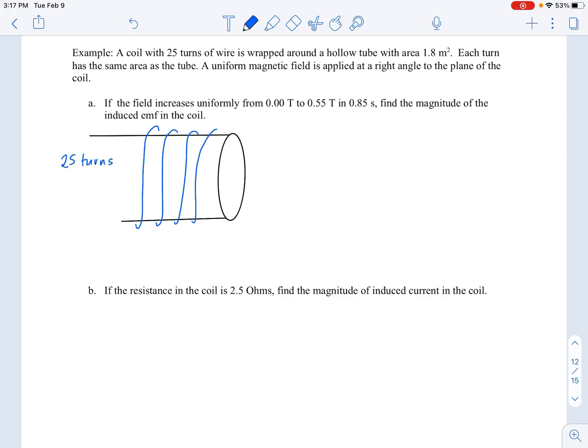Now, when we have 25 turns with a cross-sectional area of 1.8 square meters, it's essentially like making a bigger area. It's going to induce more current. So I'm going to find that total area, 25 times 1.8, it's like having 45 square meters.